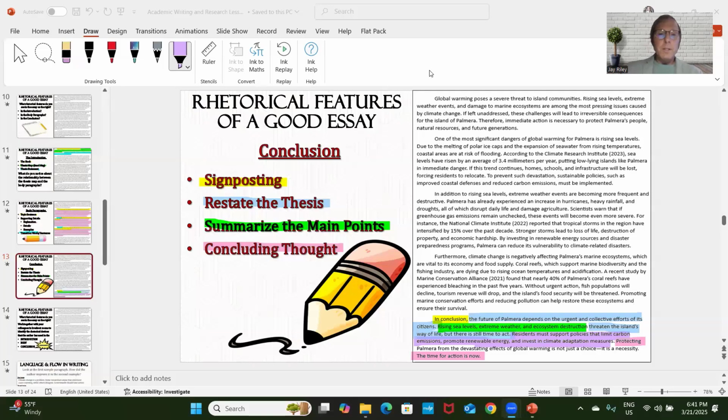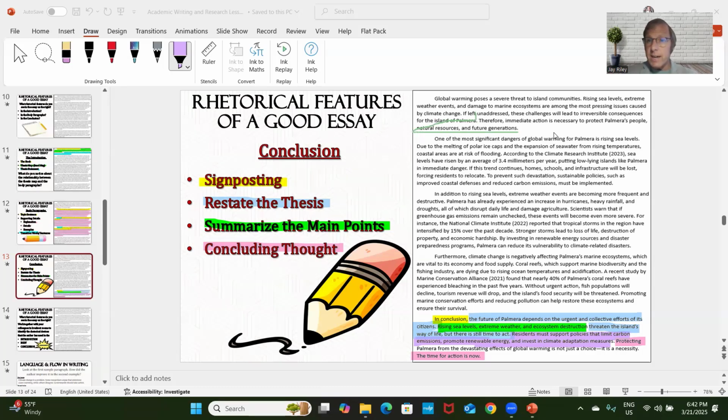As we move into our conclusion here, we can see that the author signposts or signals the end of their essay by saying in conclusion. Then the author restates that thesis right there. They said the future of Palmyra depends on the urgent and collective efforts of its citizens. And that's tied up here where he says these three big ideas here threaten the island's way of life, but there's still time to act.